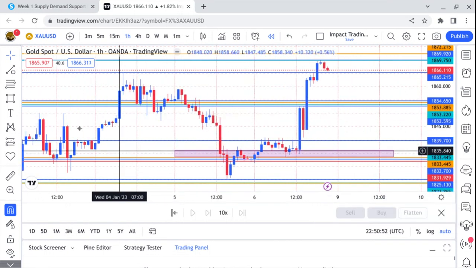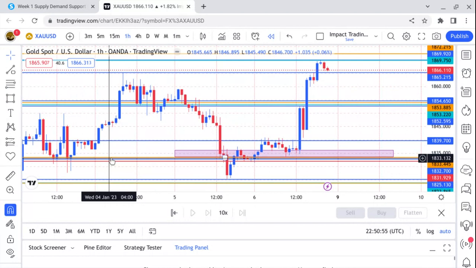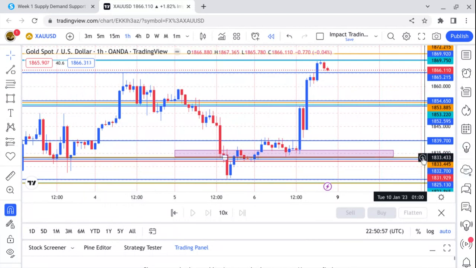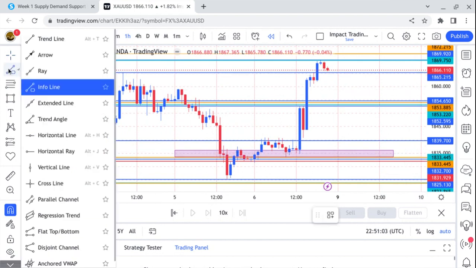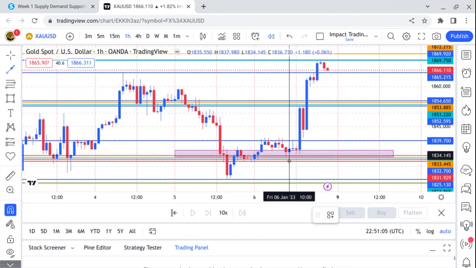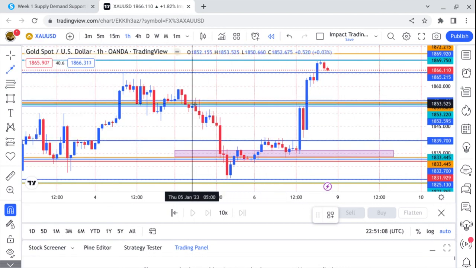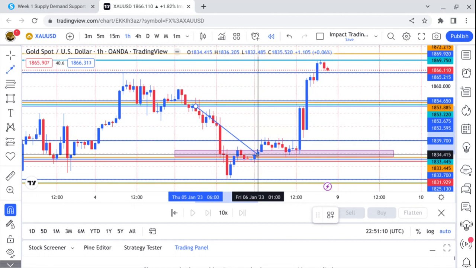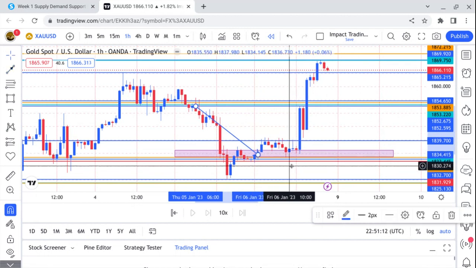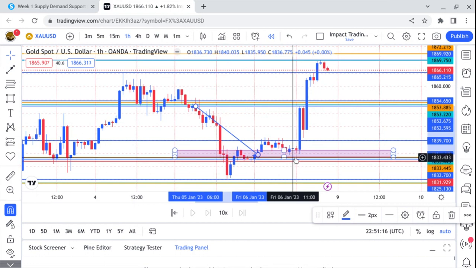We went back months before and we drew this line here as a monthly area of supply and demand support and resistance. How do we know that this area is a supply and demand support resistance area? Because price came down into this area right here, and then in the New York session, price did not break below the monthly support.